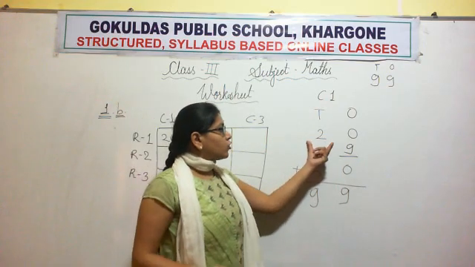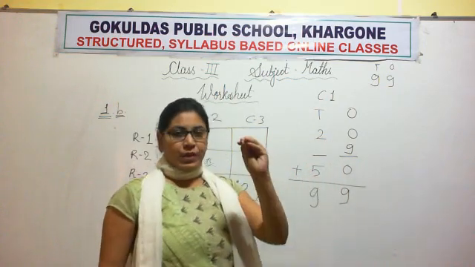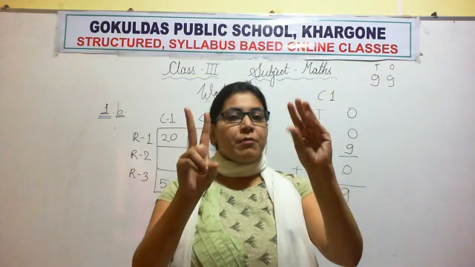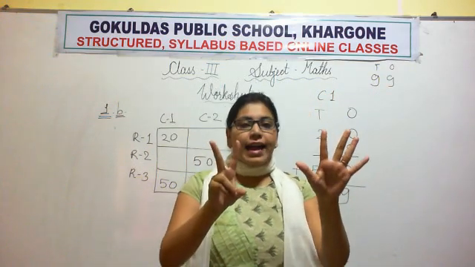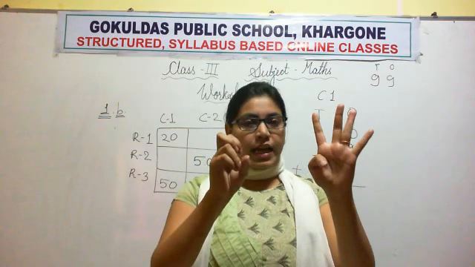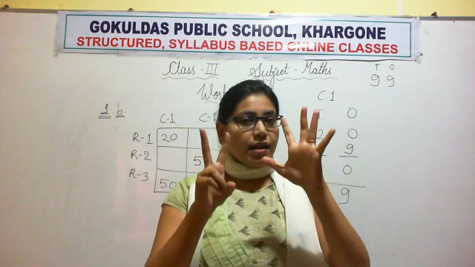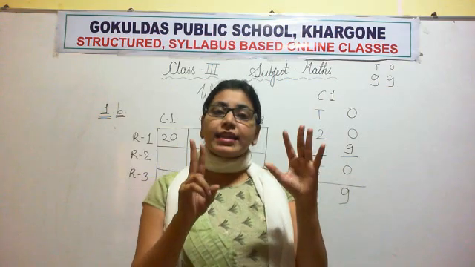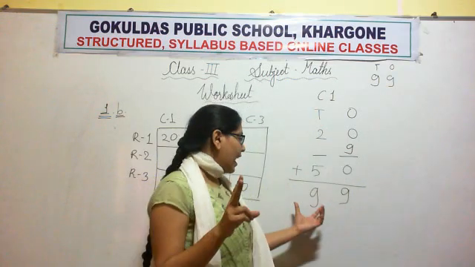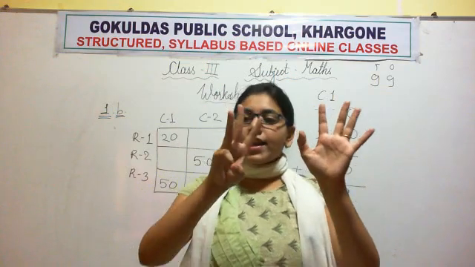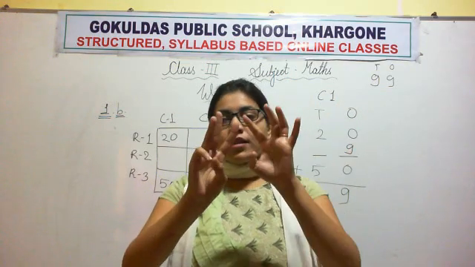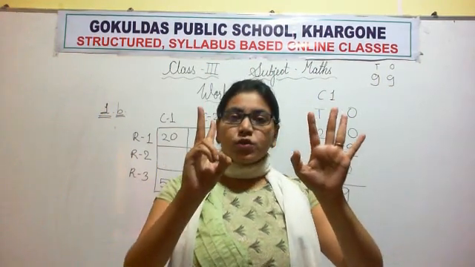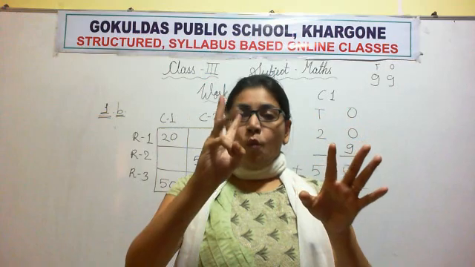Now 2 and 5. Number 2 and number 5. How many there? 1, 2, 3, 4, 5. 5 plus 2 is 7. So how much we add in this 7 for getting 9? Let's add 1, 5, 6, 8. No, we want 9. So let's try to add 2 more. 1 and 2 more in the 7.